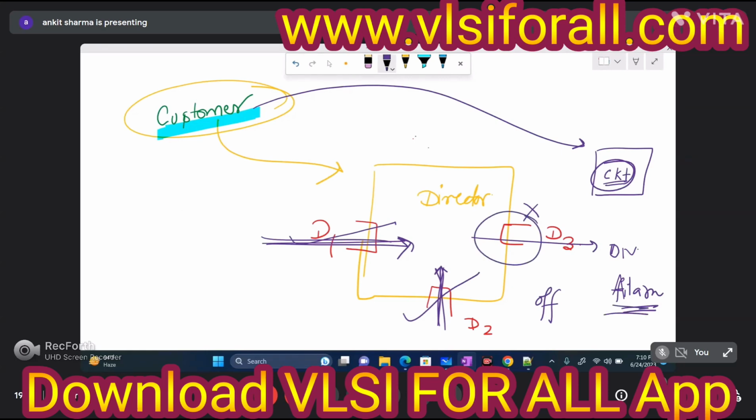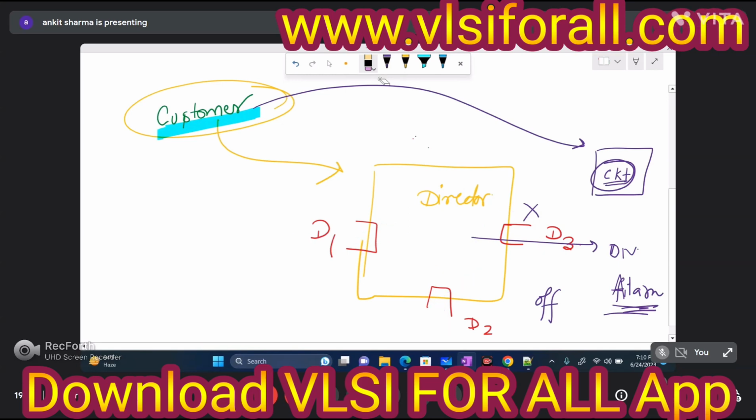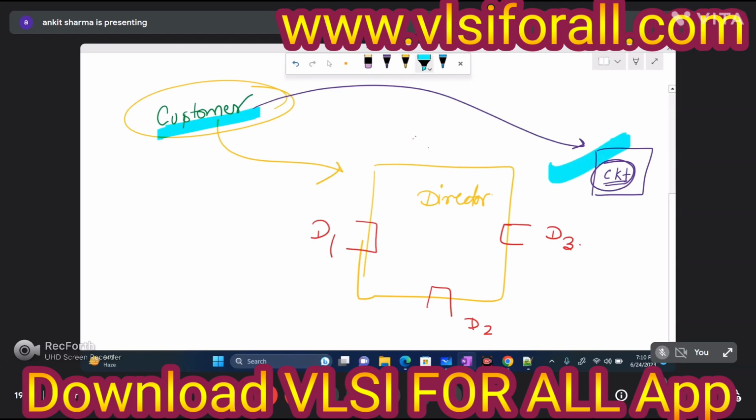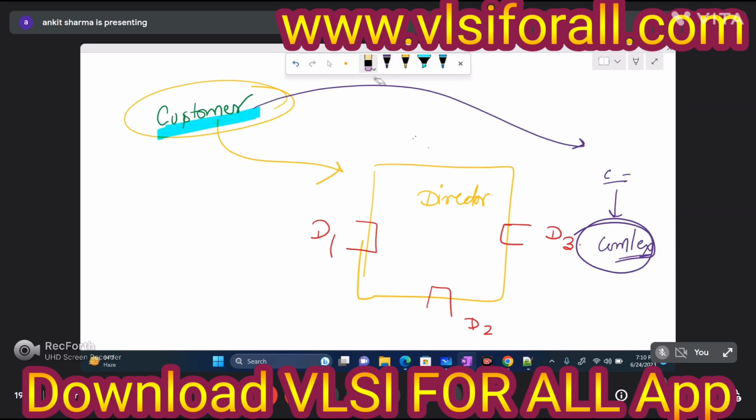That means something is wrong, so it should give an alarm. I'm not interested in the circuit functionality, but there might be many such requirements, and I took this as an example. This is a very simple circuit, but it could be a complex circuit also.